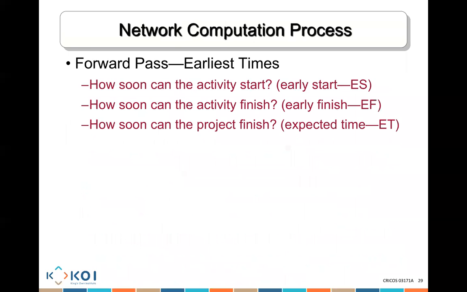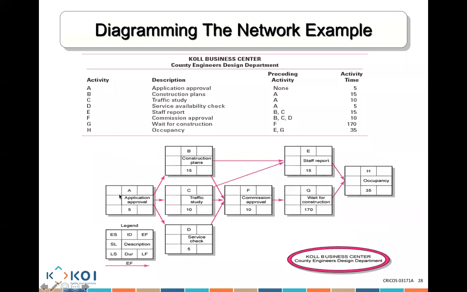When I talk about the actual paths, look here. A, B, E, H is one path. A, C, E, H is one path. A, C, F, G, H is one path. A, D, F, G, H is one path.